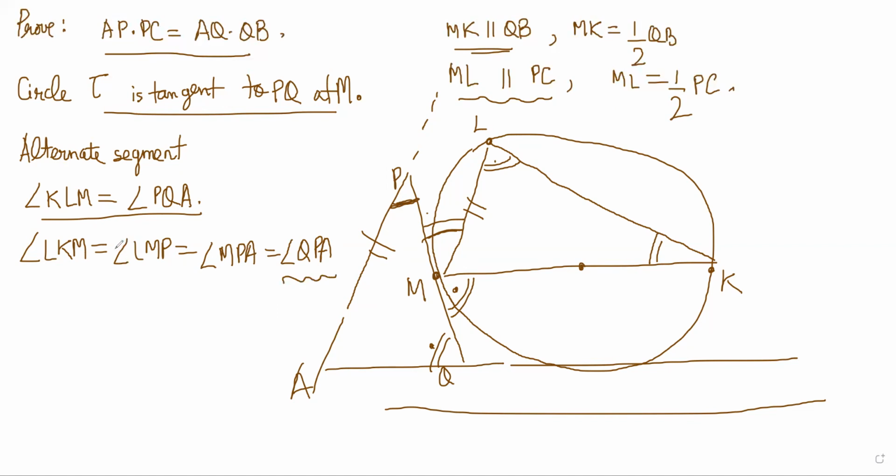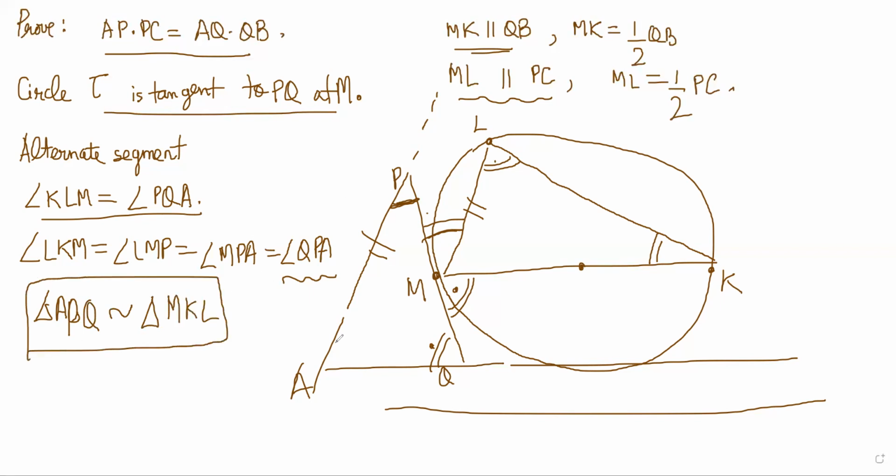So what we are getting is triangle APQ is clearly similar to triangle KLM. Because in triangle APQ we have two angles: this angle is equal to this angle and this angle is equal to this angle. So we get the similarity condition here.